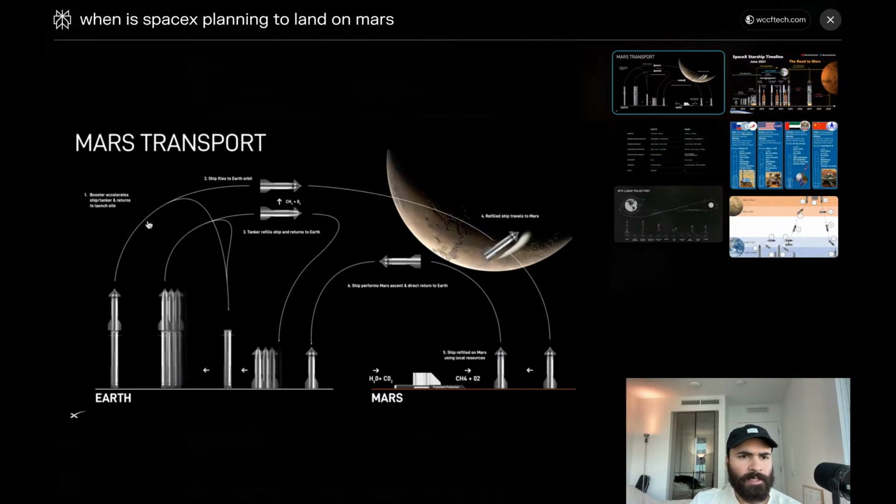Booster accelerates, ship tanker returns to launch site. Ship flies to Earth orbit. Tanker refills ship and returns to Earth. Whoa. Refilled and travels to Mars.